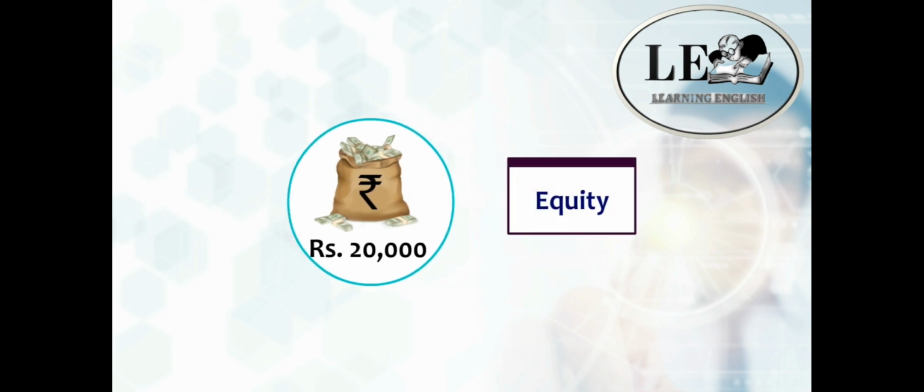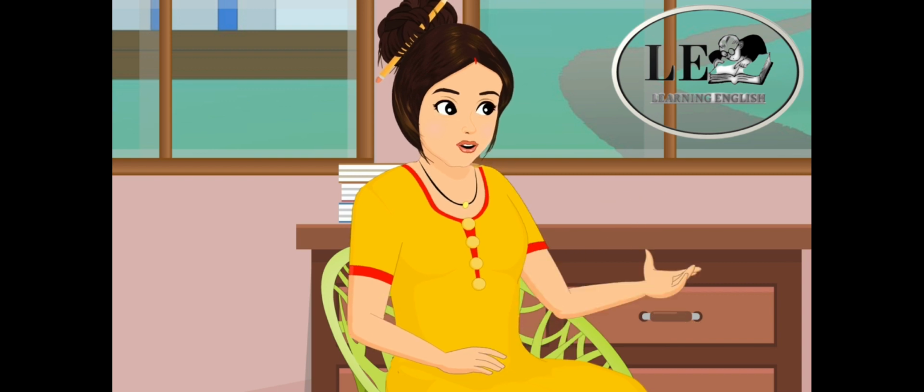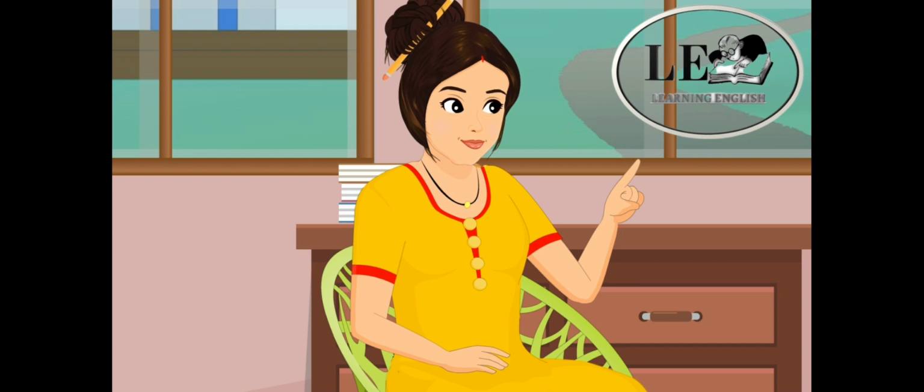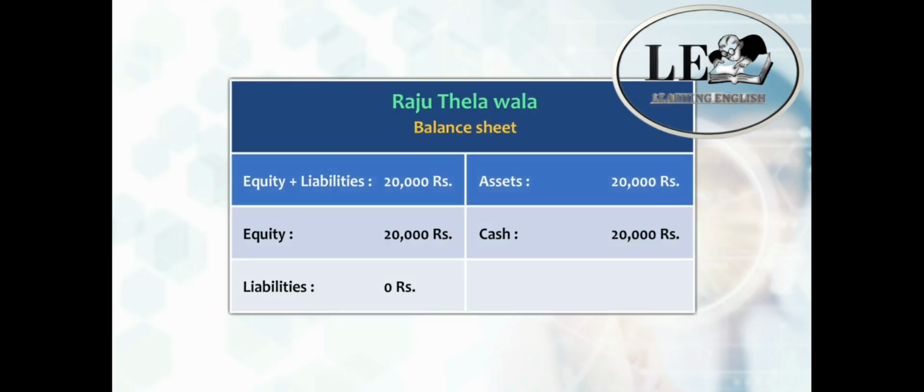The 20,000 rupees is his equity in the business. He has provided 20,000 rupees of his own money for his business, which will be recorded on the asset side of the balance sheet. The balance sheet will show that the equity of Raju is 20,000 rupees, as he has the asset of 20,000 rupees.